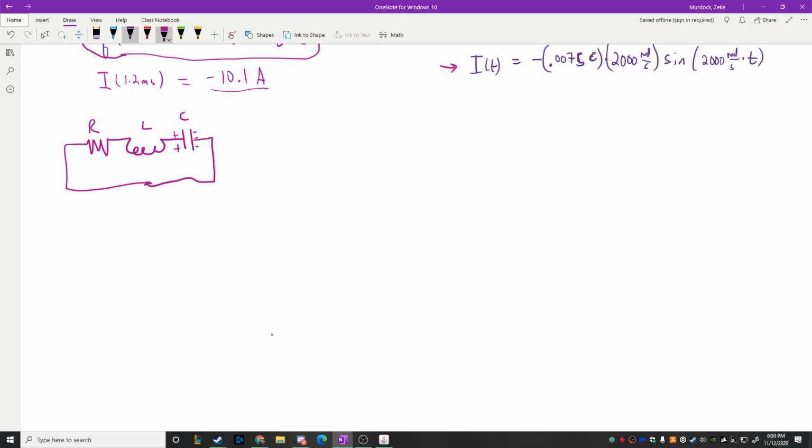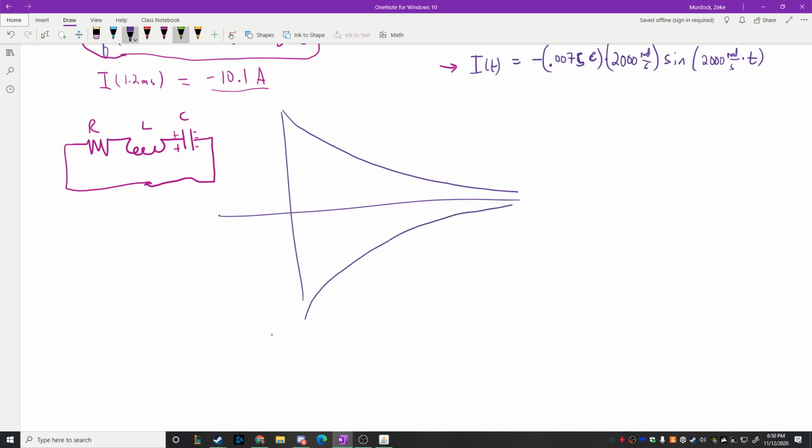And what ends up happening here is that you get a curve that is damped out by an exponential decay. So when you plot the charge or the current as a function of time, it'll do something like this. It'll still be a sine function. It'll actually still even have the exact same frequency. But it'll just damp out over time like that.